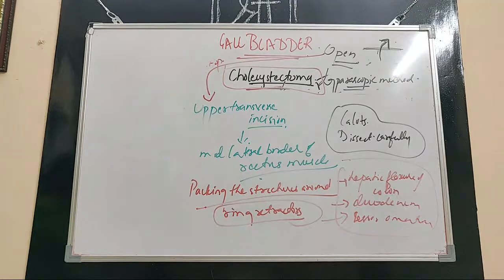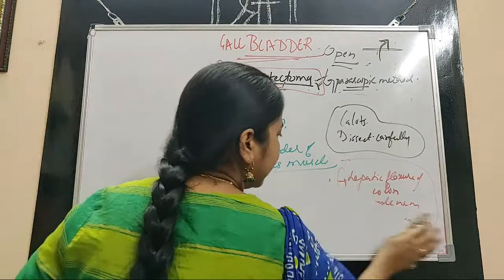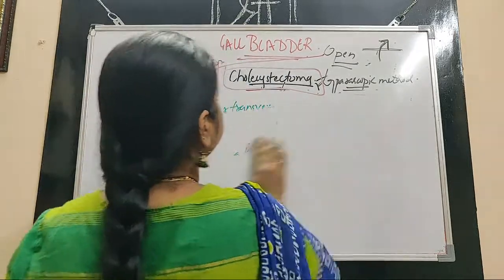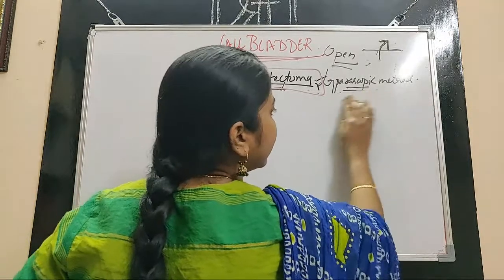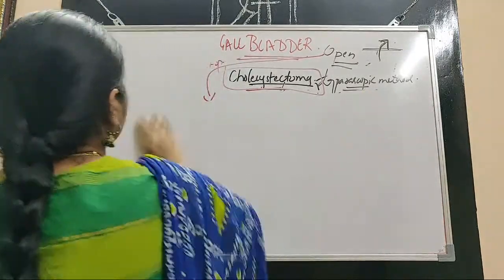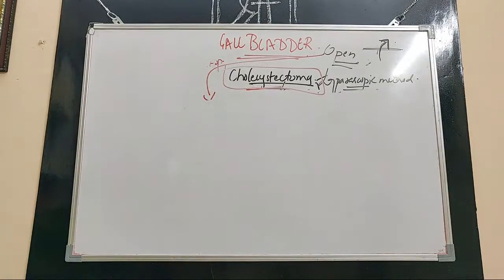Once the ring retractor is used and they are packed and the gallbladder is kept in position, the next thing done is, the special forceps used here to retract the gallbladder is called the Duval forceps.